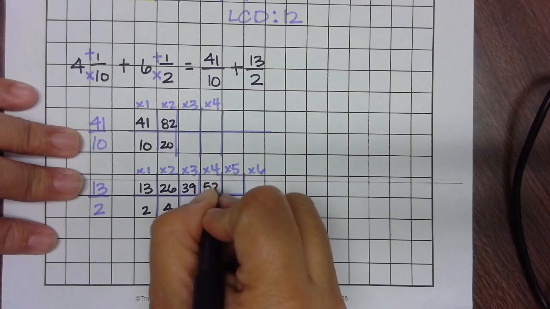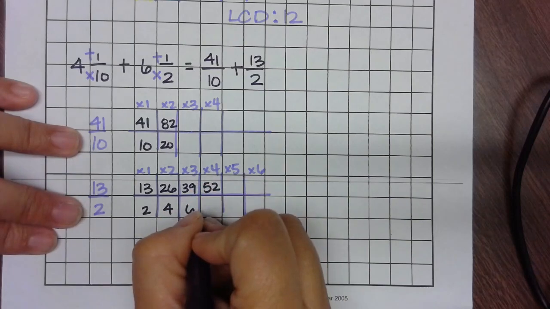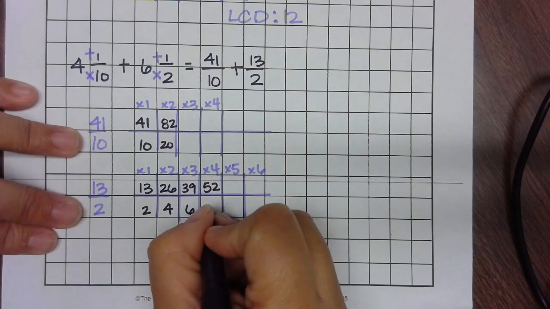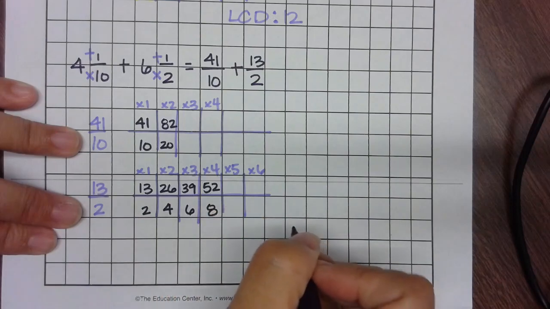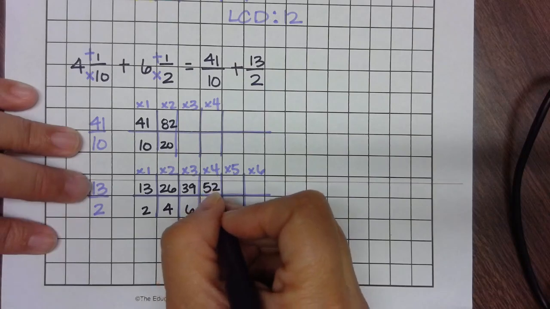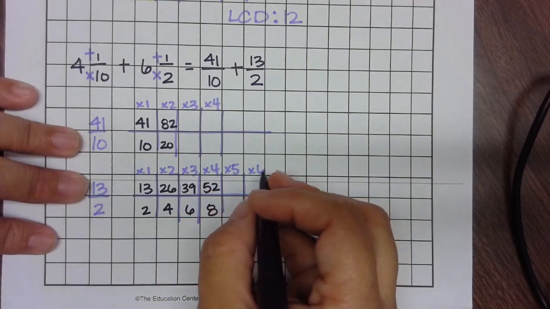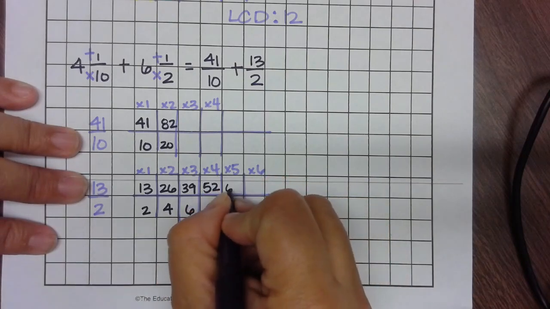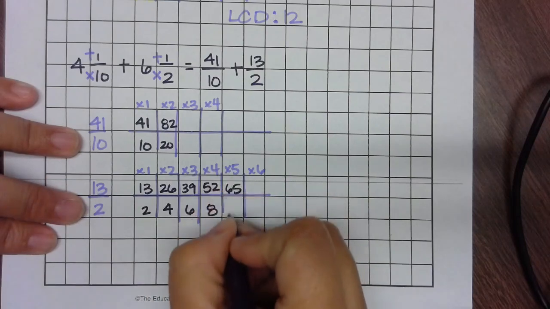Yes. And 2 times 4 is 8. Then I am going to do 13 times 5, and that's going to give me 65. And then 2 times 5, that is 10.